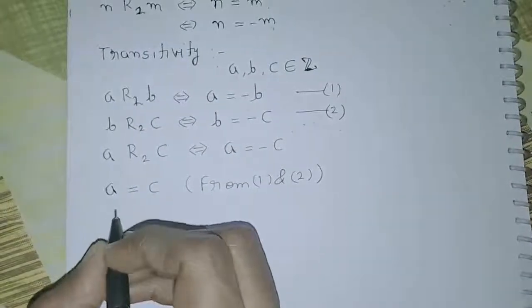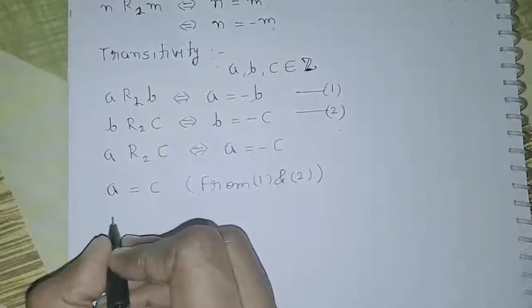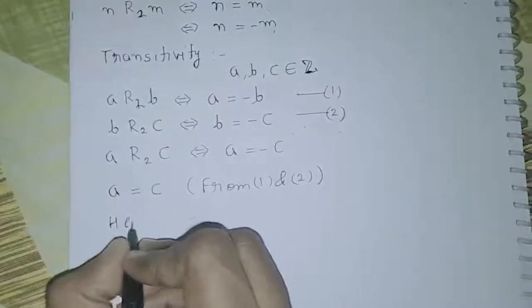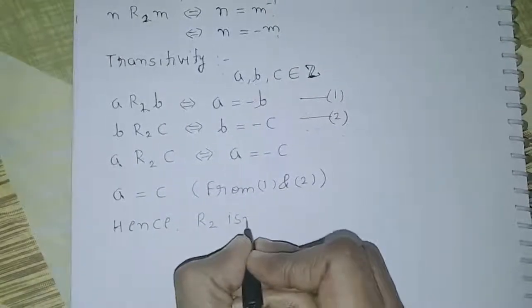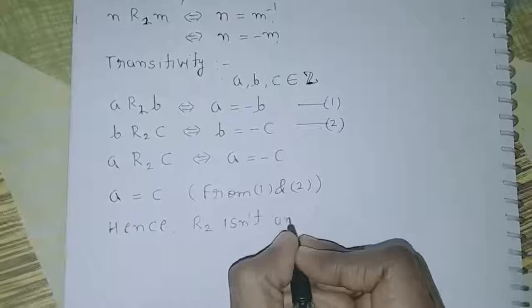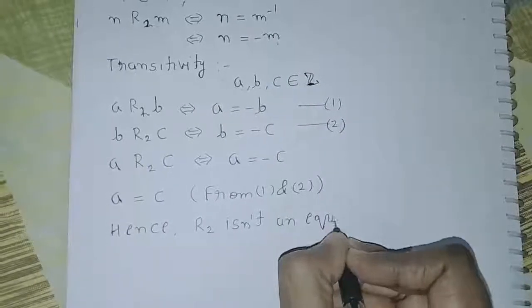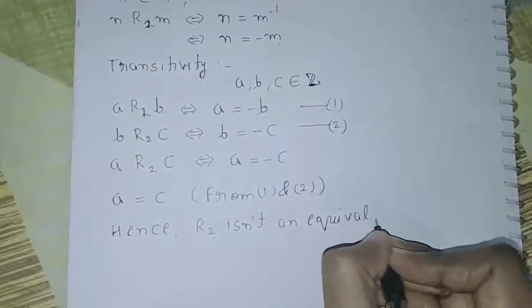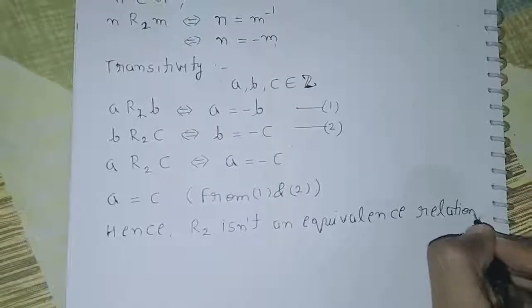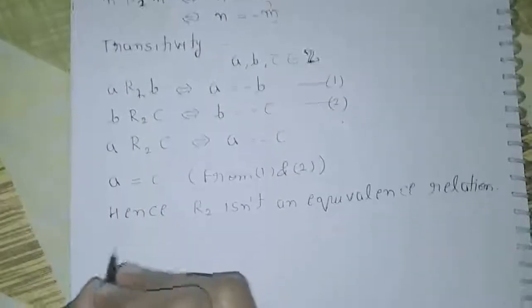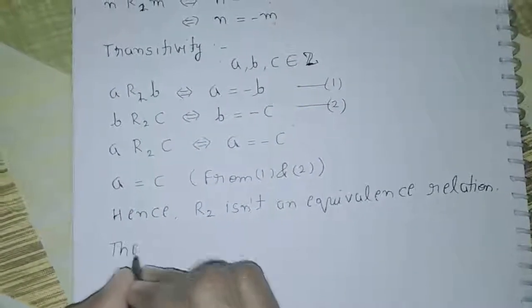Therefore this relation R2 is not transitive, and hence option number 2 is true.